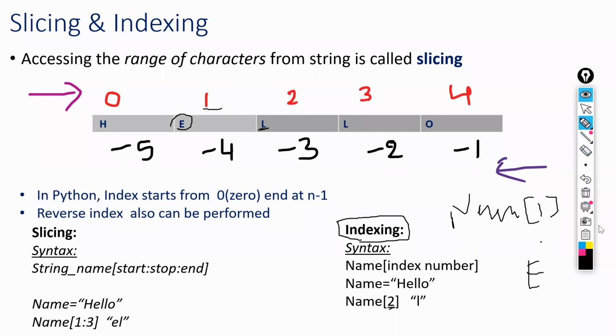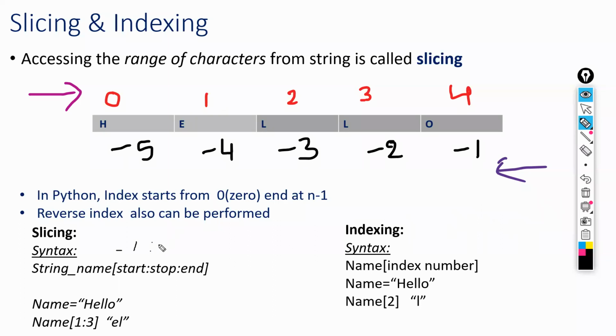This is forward. If I want to get the reverse order, simply the same procedure. The start position is -1, the end position is -4, and the step will be -1.